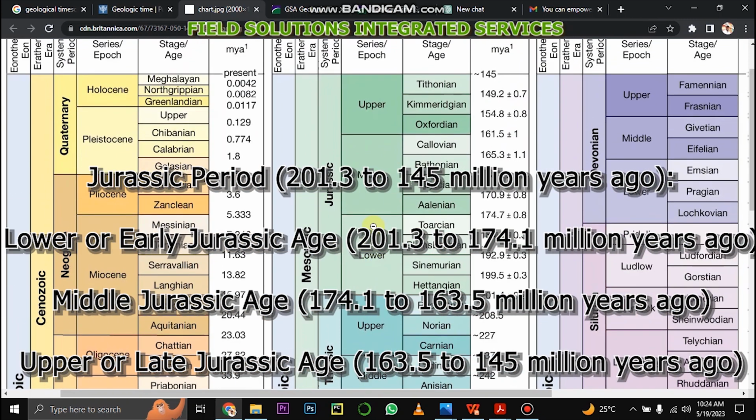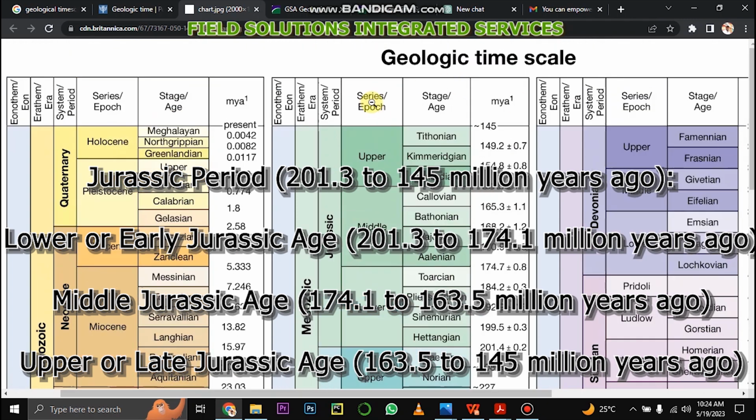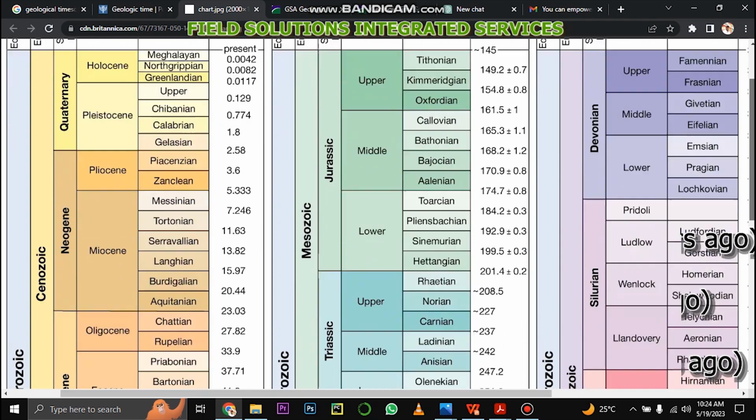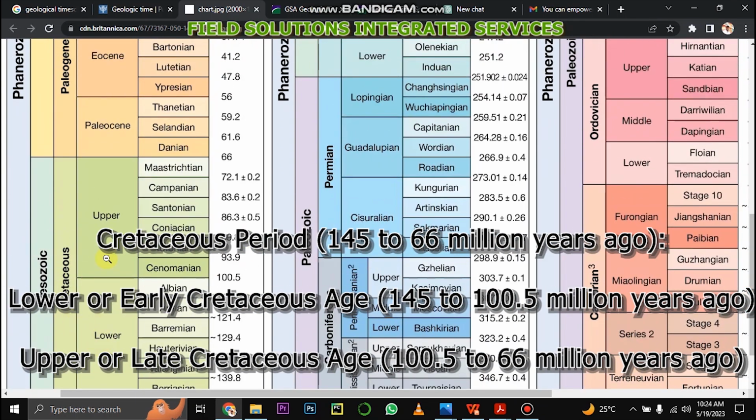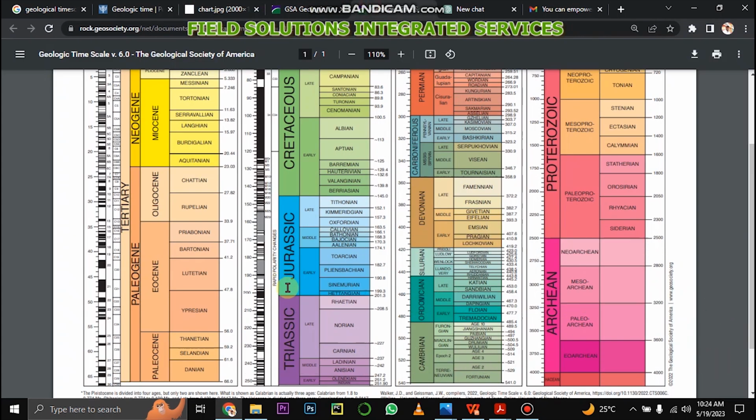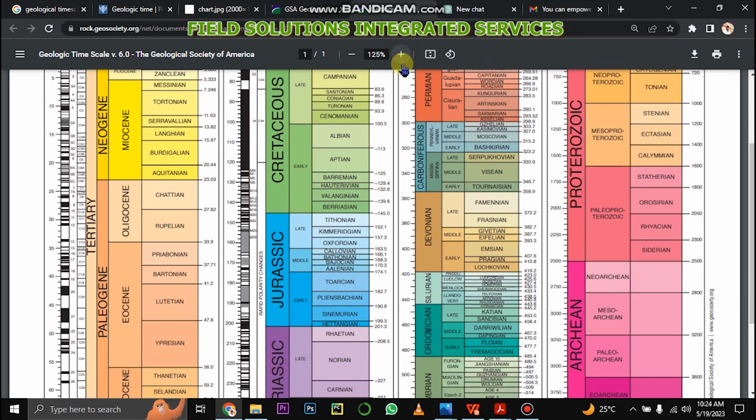For the Jurassic, they have the Lower, Middle and Upper, that is their subdivisions in epochs. And for the Cretaceous, they have just the Lower and the Upper Cretaceous. This is according to the British Geological Timescale. It is also the same as the US Geological Timescale.